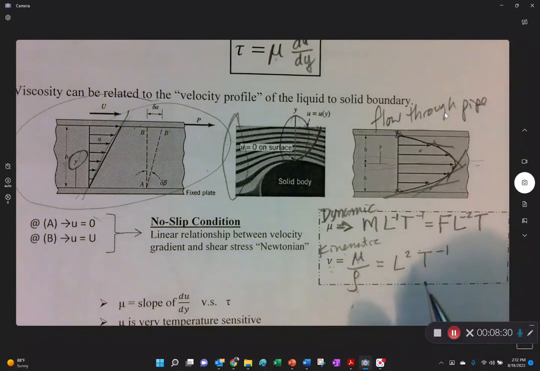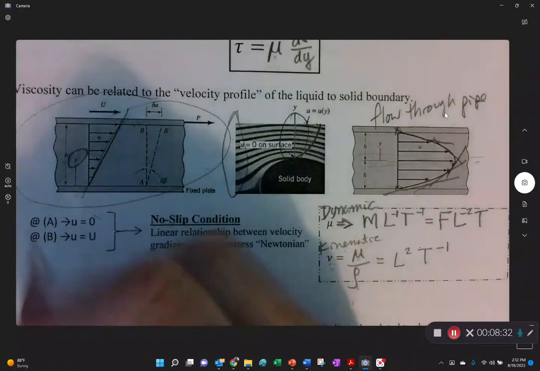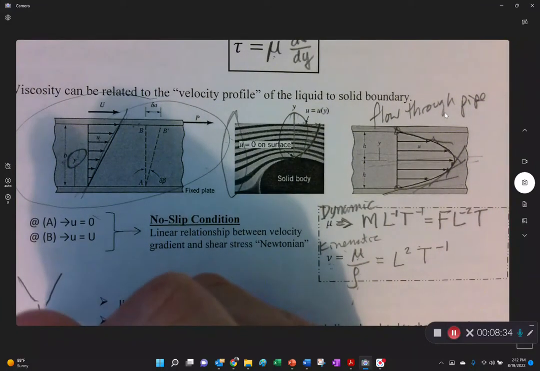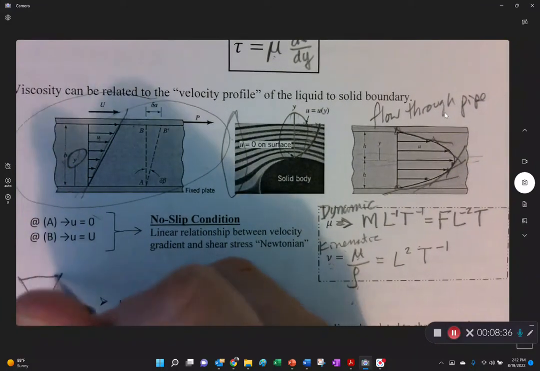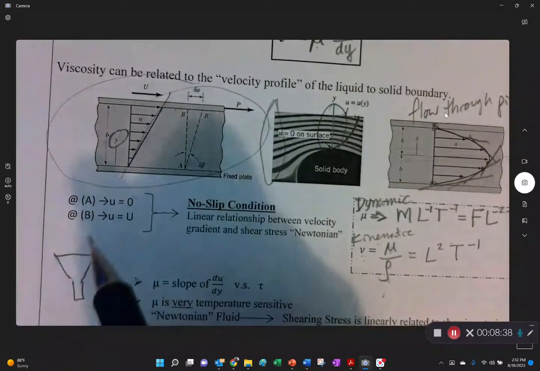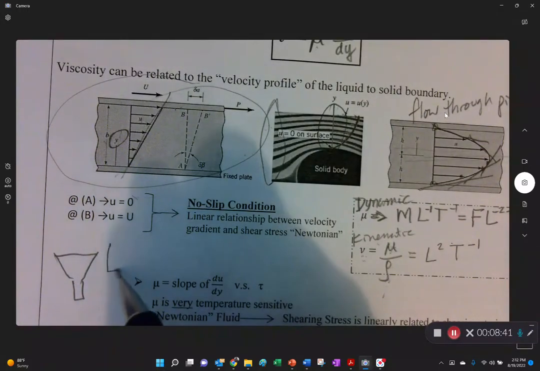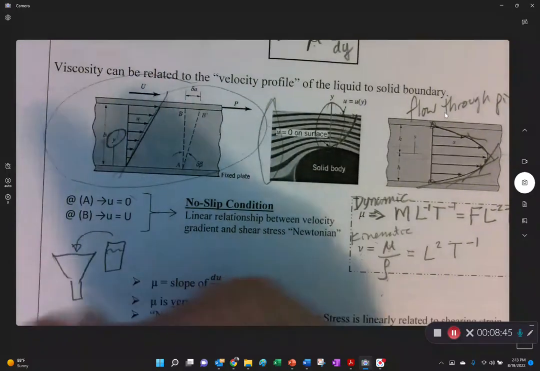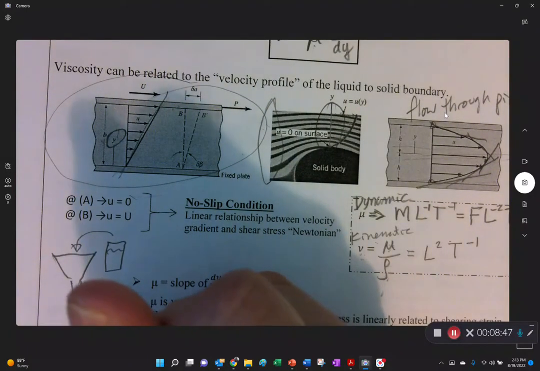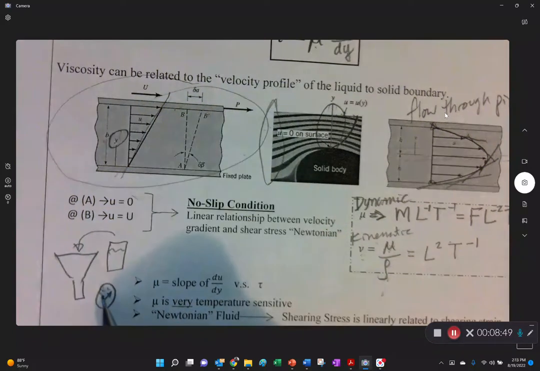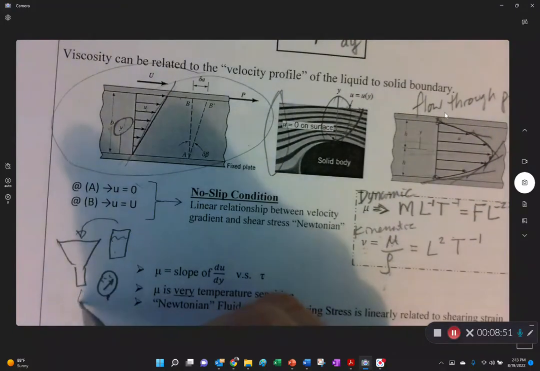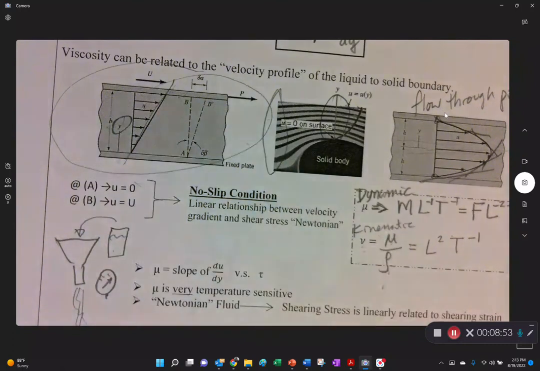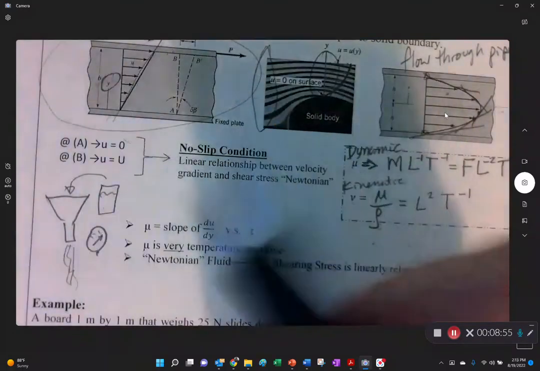And how this is measured is they'll take a known volume of fluid, like a little can, and pour it in here, and then they'll have a stopwatch and measure how long it takes for it to flow all the way through at a given temperature.